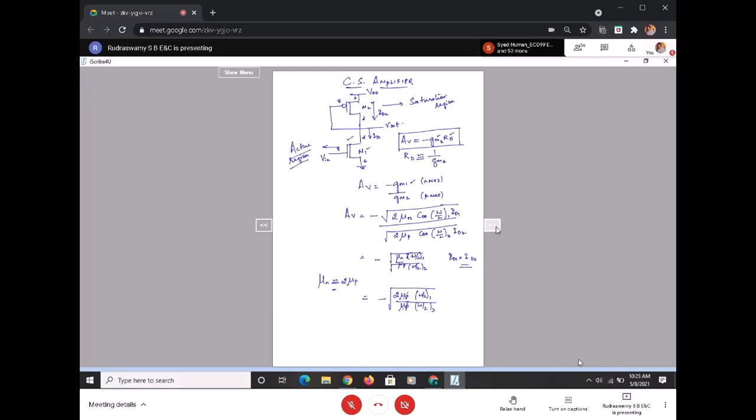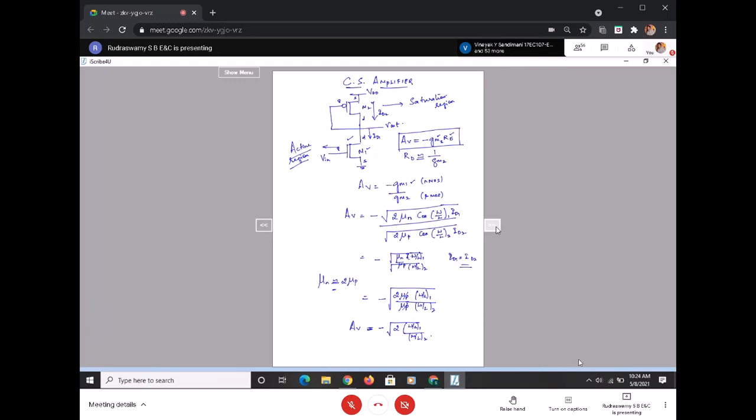This mu p gets cancelled. So what is there now? AV equals minus square root of twice W by L of 1 divided by W by L of 2.